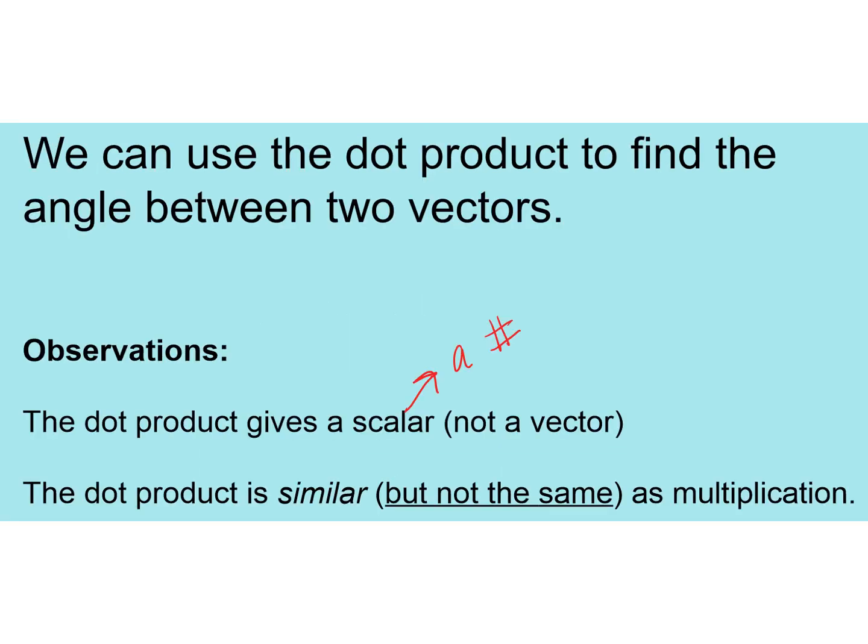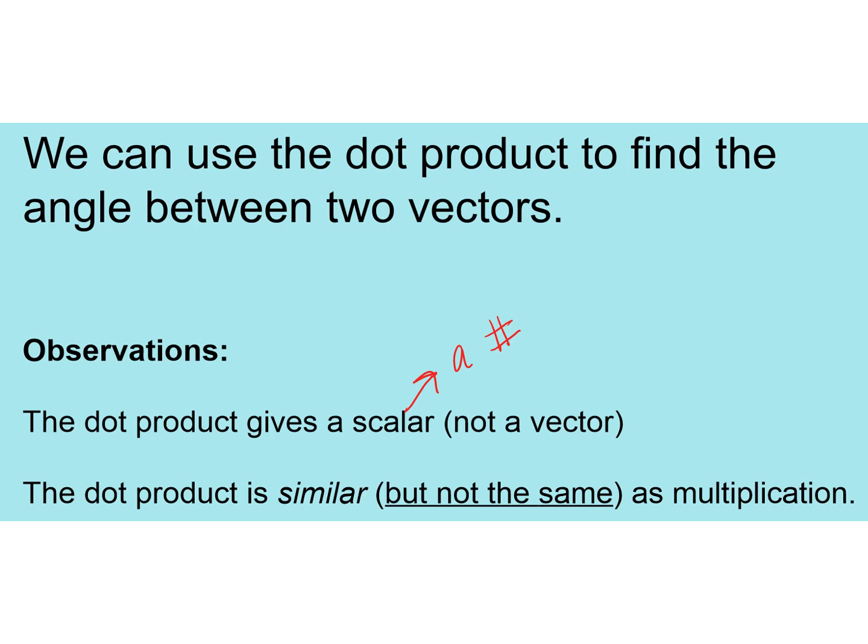All right, so we can use the dot product to find the angle between two vectors. So that's one of the major things that a dot product is used for. Some observations. The dot product gives us a scalar. By the way, a scalar is just a number, so it's not a vector. Like we added vectors in the previous lesson, we subtracted vectors, but a dot product does not give us a vector. It just gives us a number.